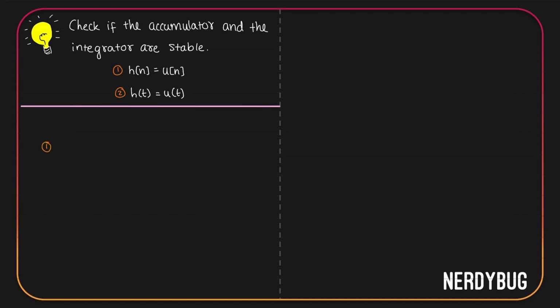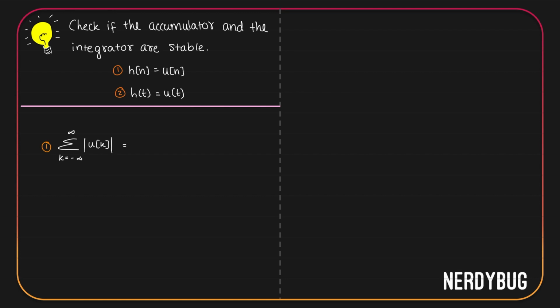To check whether the system is stable or not, we have to calculate summation from k equals minus infinity to infinity, magnitude of h of k, which is u of k. Now, u of k is 0 for every k that is between minus infinity to minus 1. From 0, it is 1.